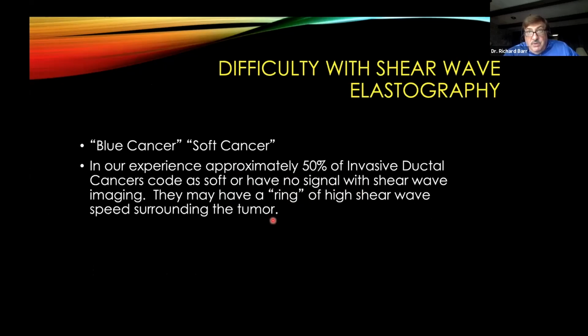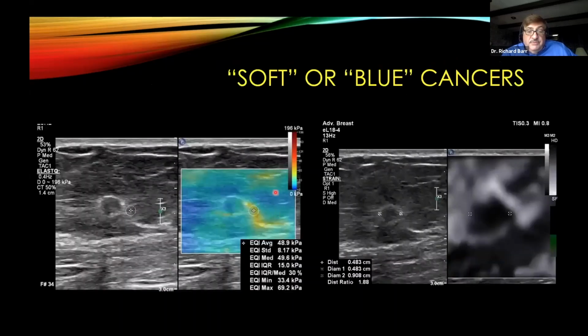This is why we want you to take the measurements, the highest value, either in the tumor or surrounding ring, which usually is about 3 millimeters. If you realize, that kind of corresponds to strain, where the lesions appear larger on strain when they're cancers. So this is an example of one of these softer blue cancers. This happens on every vendor. Here's the lesion.